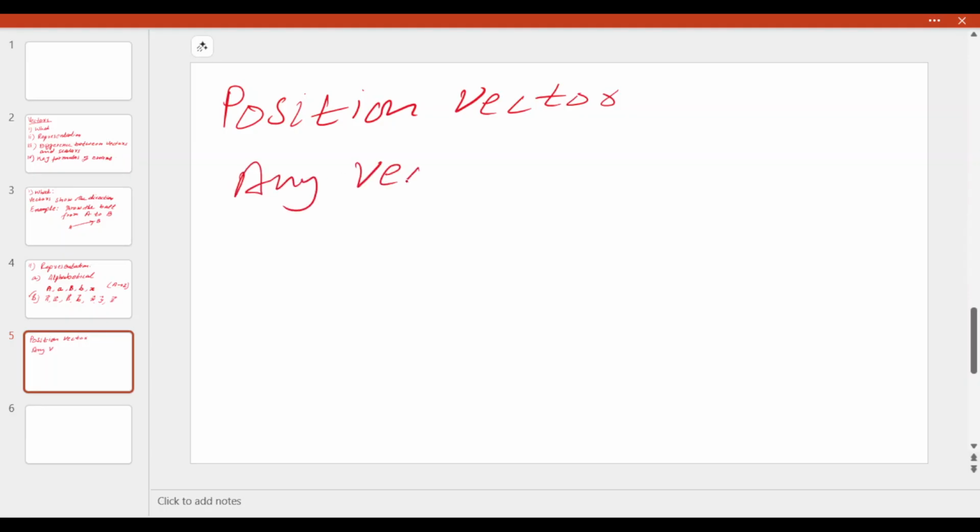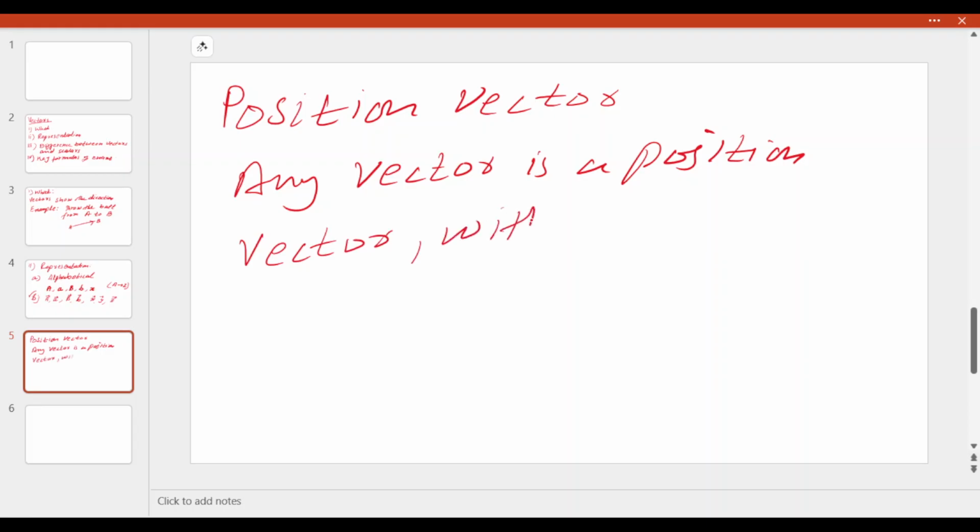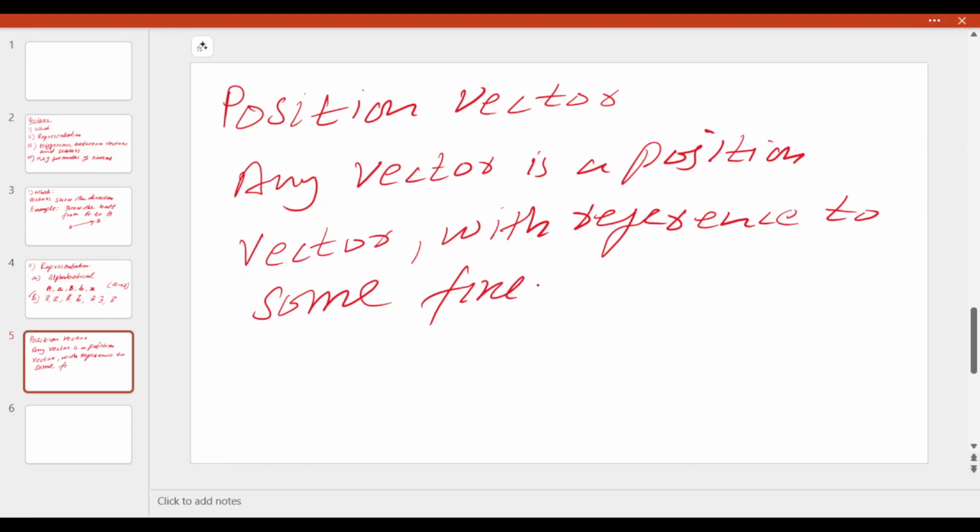Any vector is a position vector with reference to some fixed point, that fixed point is known as the origin.